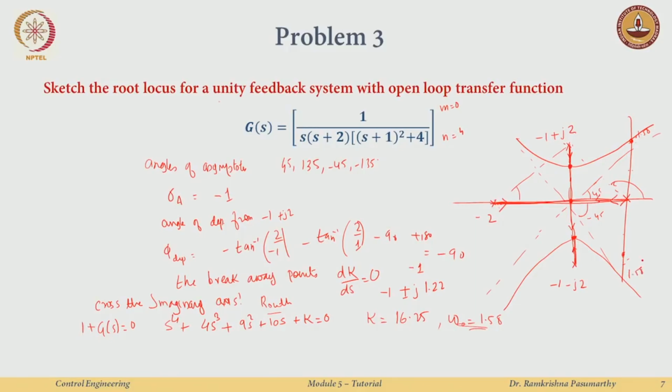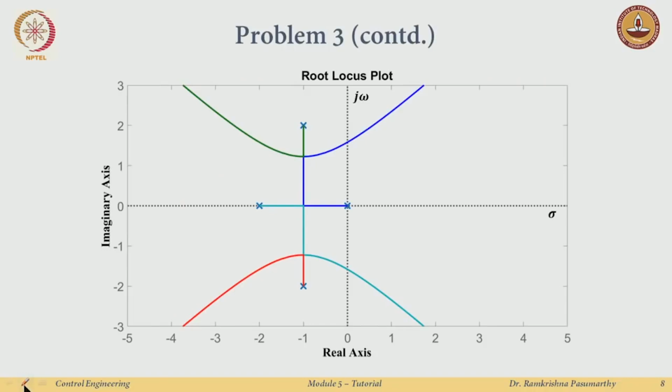Okay. So, I will just show you how the plot now looks, right. So, this guy comes here, goes here, this guy goes away here, this guy goes away here, this point is 1.58, this point is minus 1.58, again this guy here, here, this and this, right.